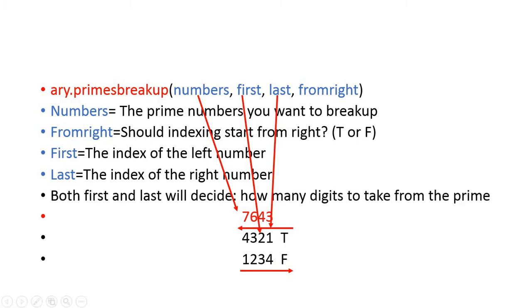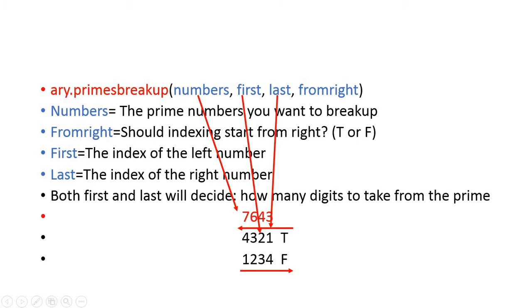Both the first and the last value will decide how many digits to take from the prime. For example, you have put this first as 2 and this last as 1. So 2 minus 1 is equal to 1, and then you will have to add 1 to it, so it is 2. It means it will take 2 digits out of this prime. And if you put this index as 1 and this index as 3, it will take 3 numbers out of this prime.